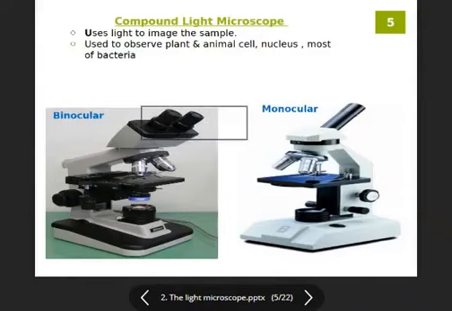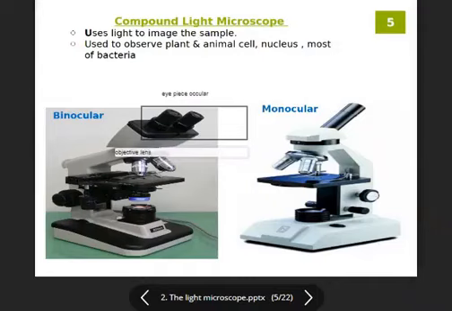This is called the eyepiece or ocular lens, and the second is this one, which is called the objective lens.